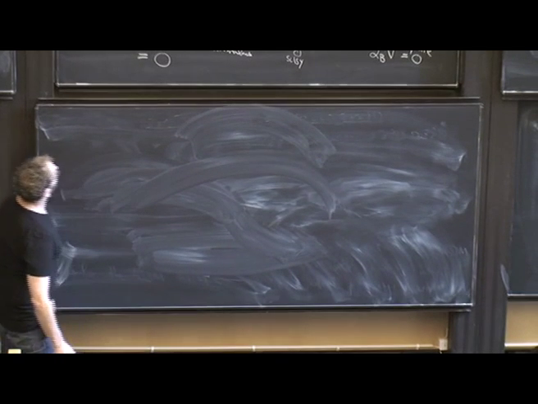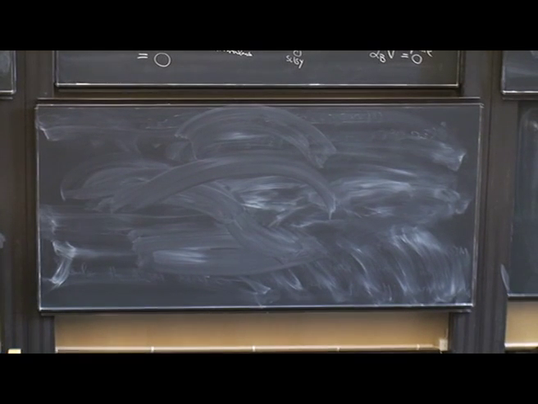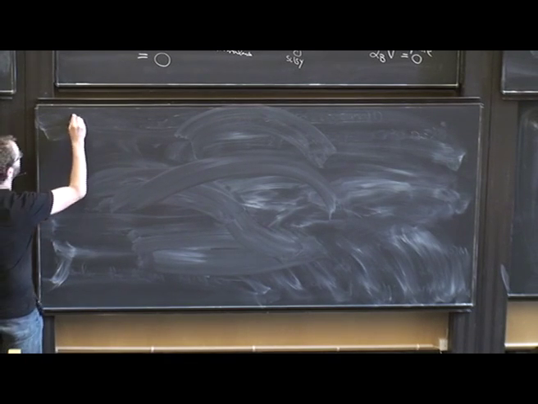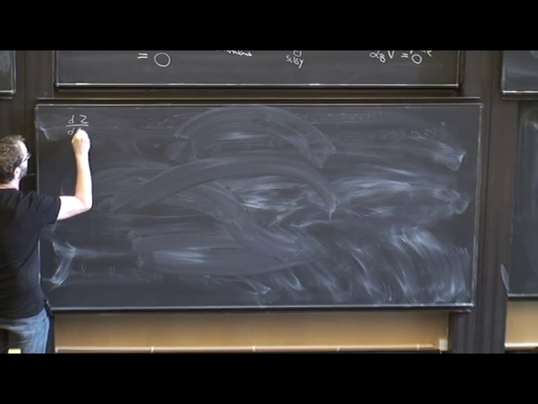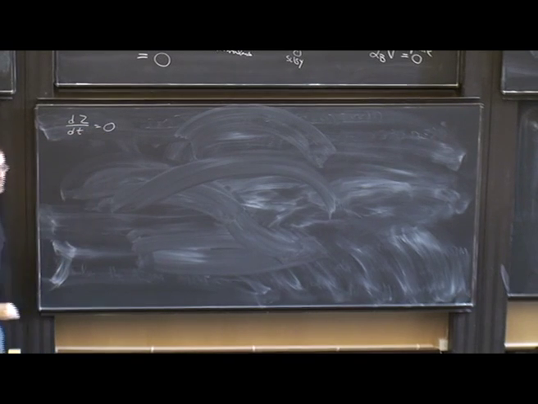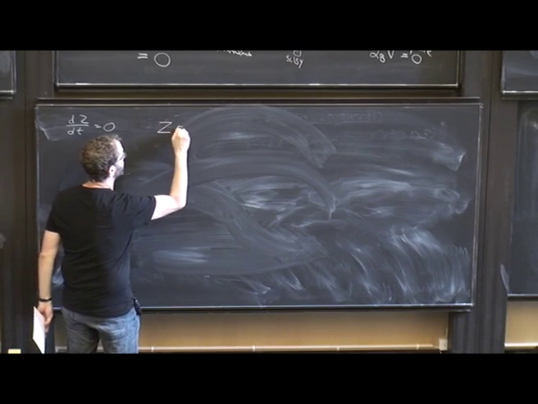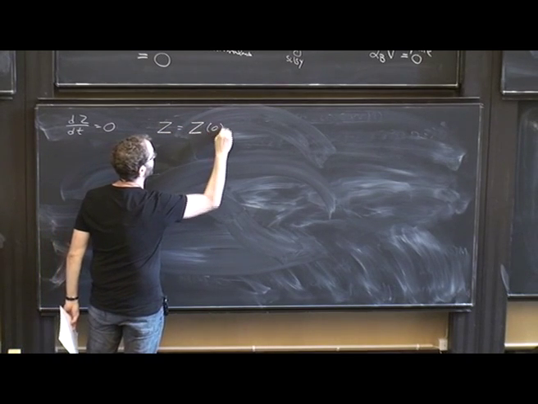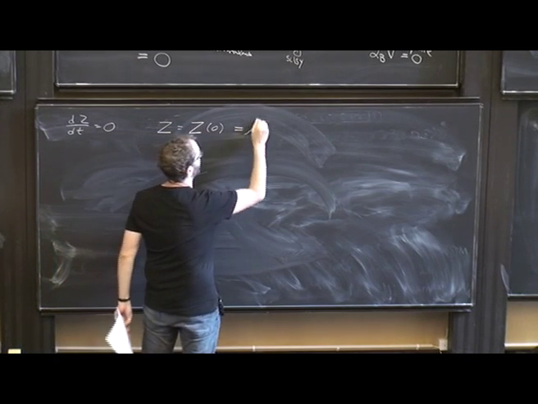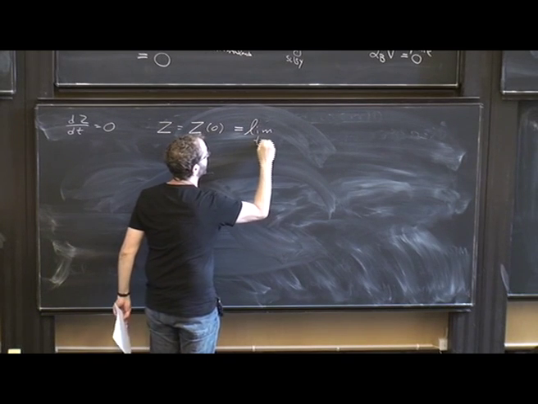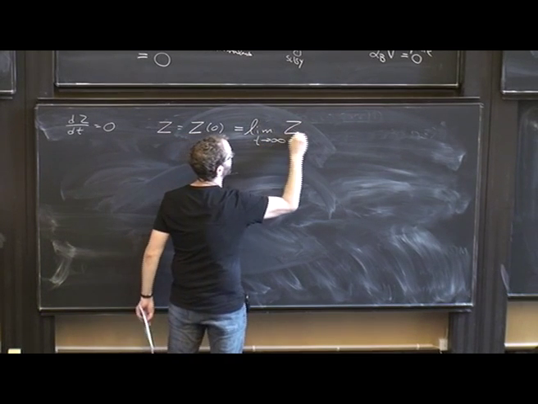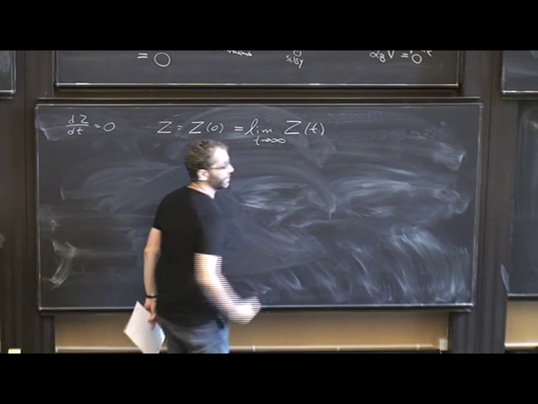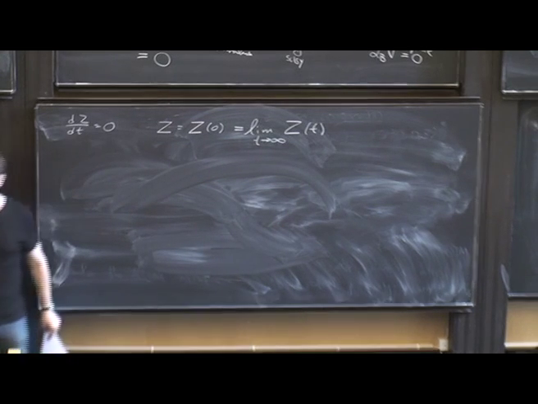So assuming you did that, that tells you that dZ/dt is equal to 0. So your partition function Z is independent of t, and is also equal to the limit of t going to infinity of Z(t).